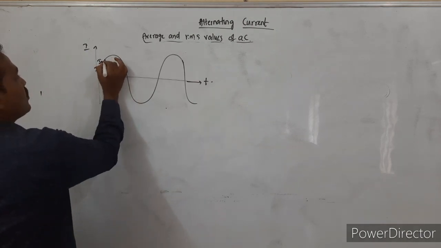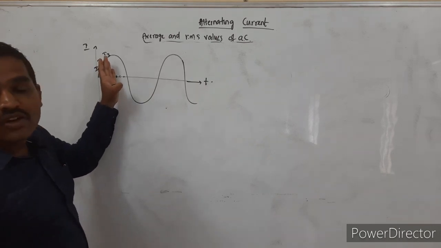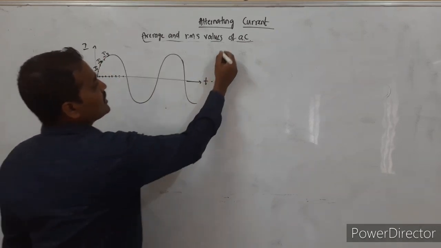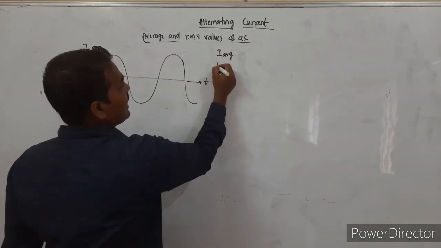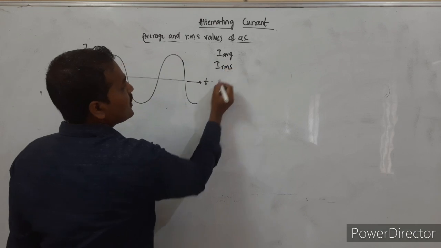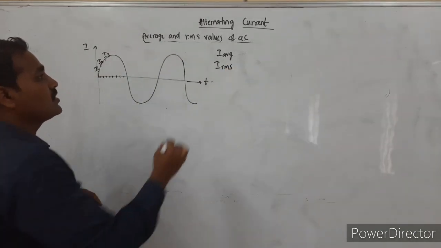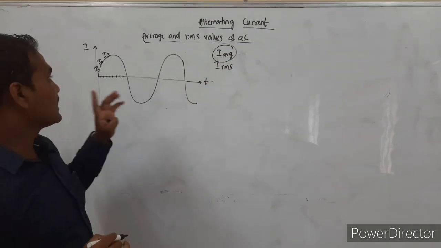Okay, I1, I2, I3, something like that. But which value of this electric current do we have to consider? So for that we have two terms here, that is the average value of alternating current and the root mean square value of alternating current. Okay, so first let us understand what is the average value of alternating current.